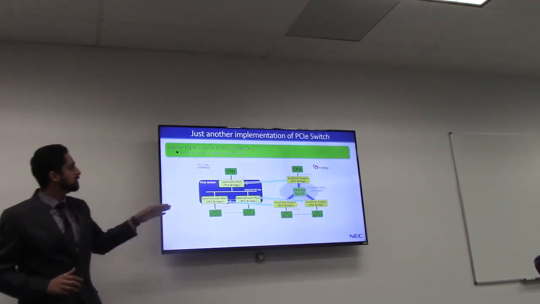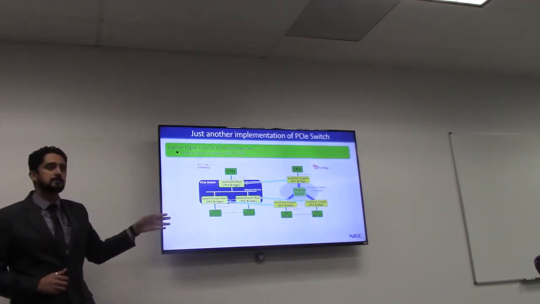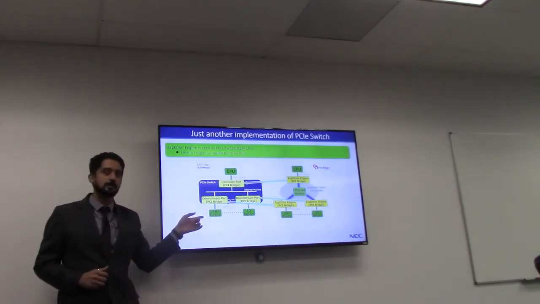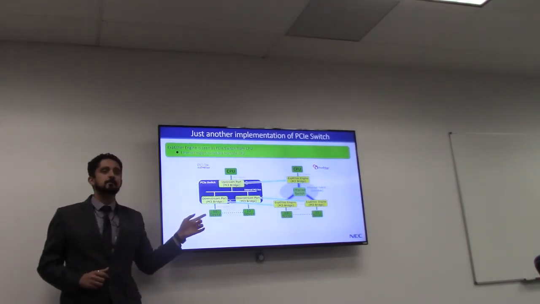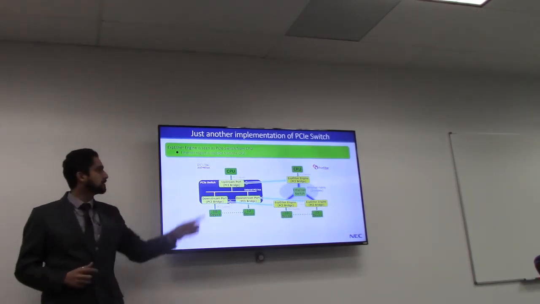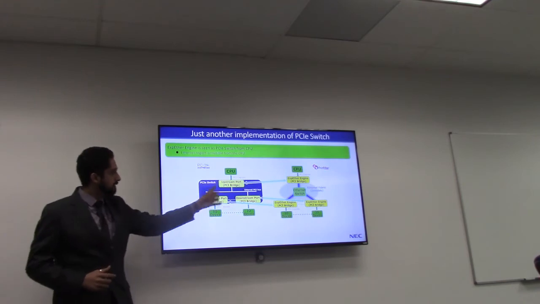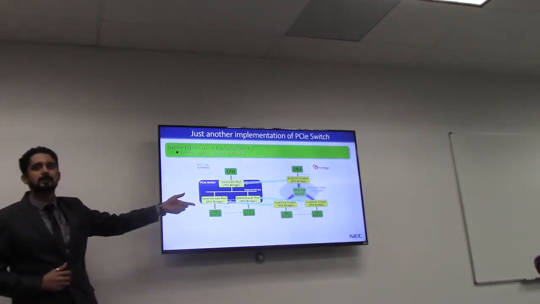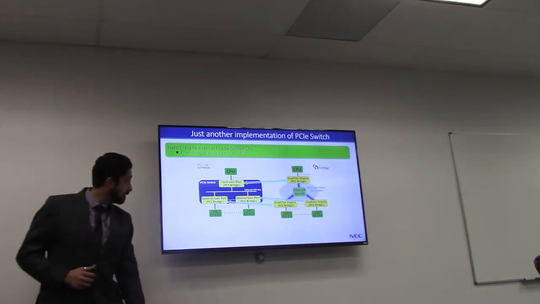Any I/O device connected through Express Ether, or connected to a standard PCIe switch, will be seen as the same local devices to the CPU. And this Ethernet fabric is hidden. How it is hidden, I will get into in my next slides.